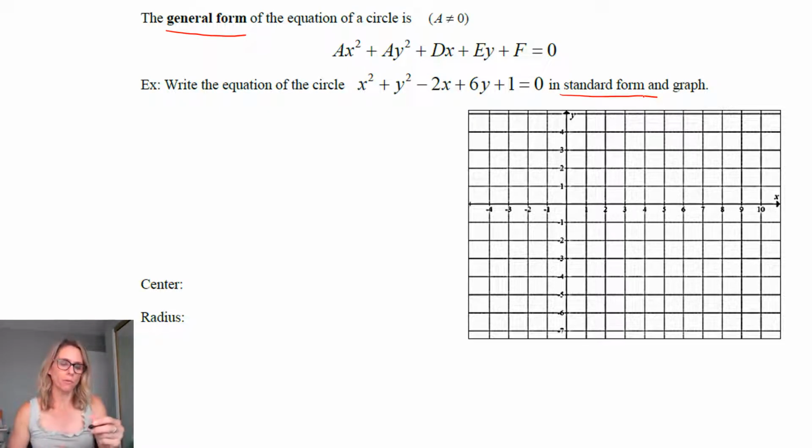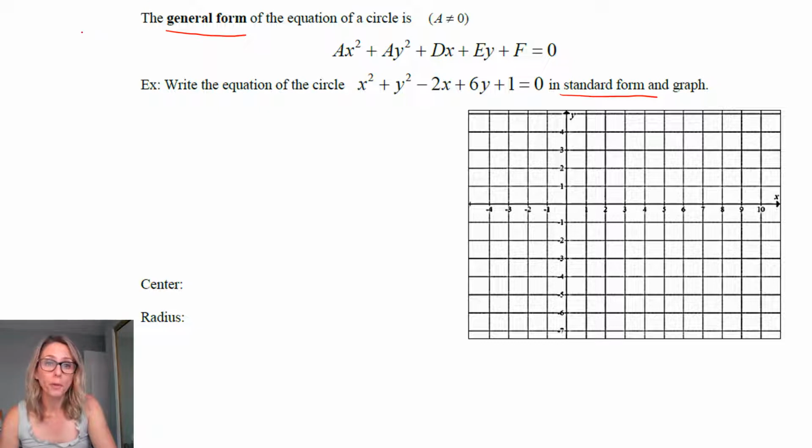You know all this stuff about the circle. When you look at a circle in this form, you're like, this is a circle? That might be your first question. And then you're thinking, well, I don't see the center and I don't see the radius, but you can get there. So our job is to take what you see there and write it in standard form. So here's how we do that.